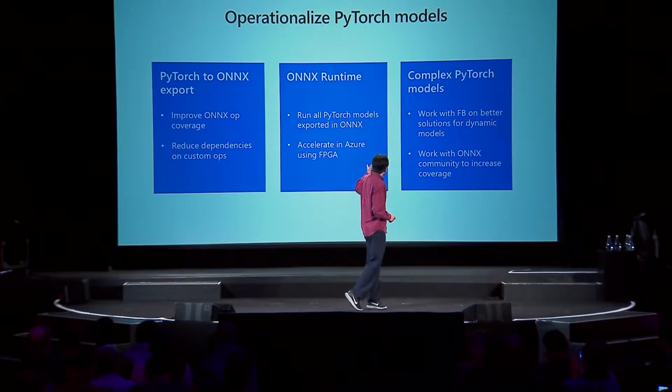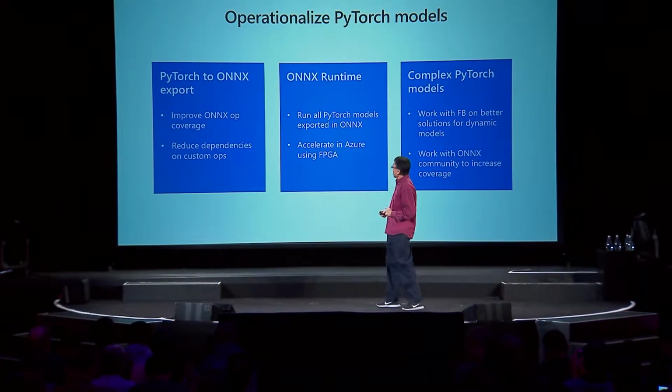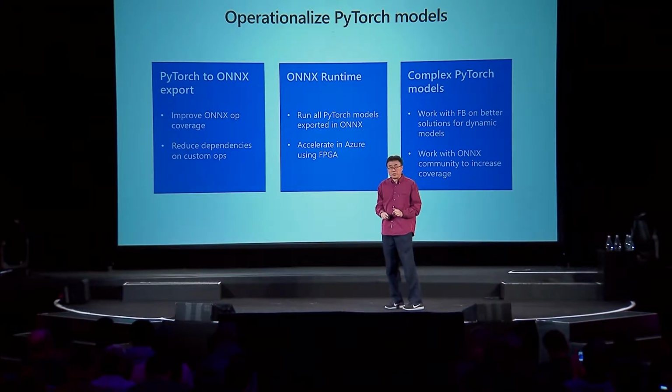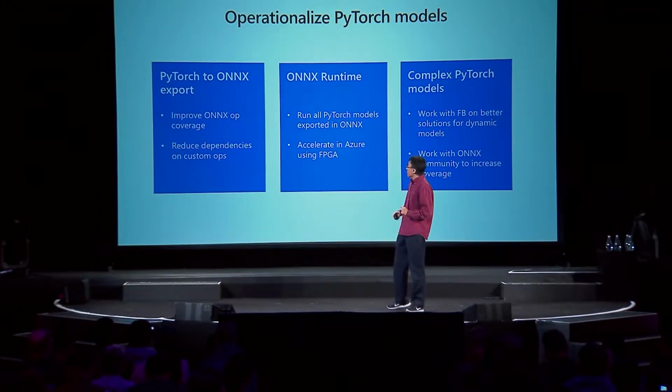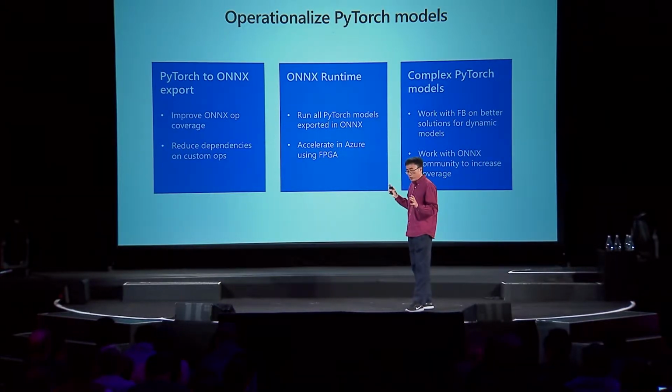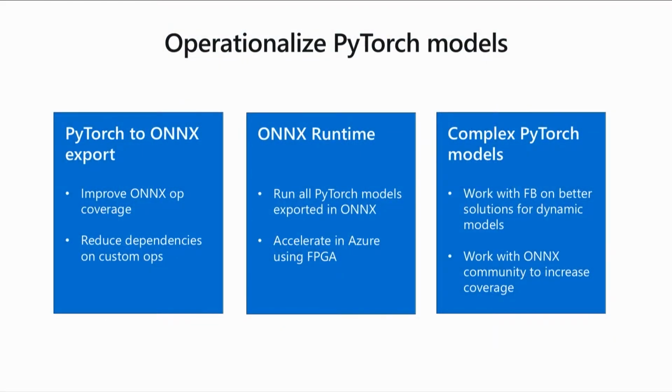The second focus for the team is to make sure PyTorch can be operationalized in production. First, we'll focus on PyTorch to ONNX export. That means we want to increase the ONNX operator coverage, so that we reduce the dependencies on custom ops.